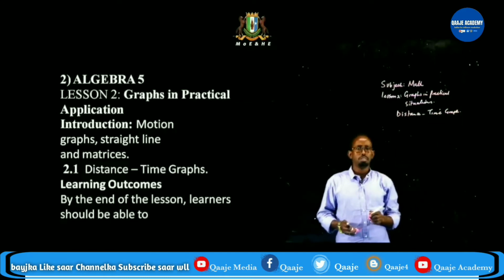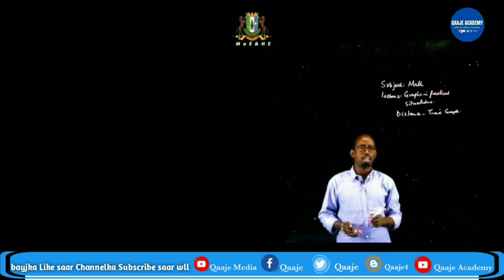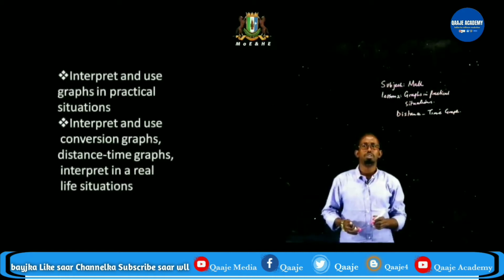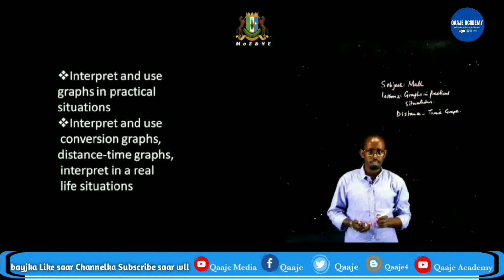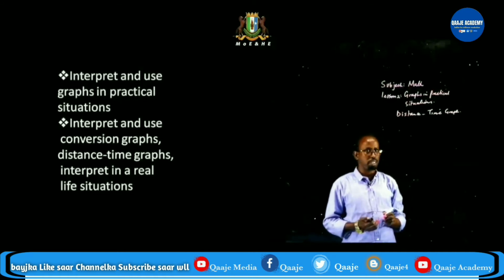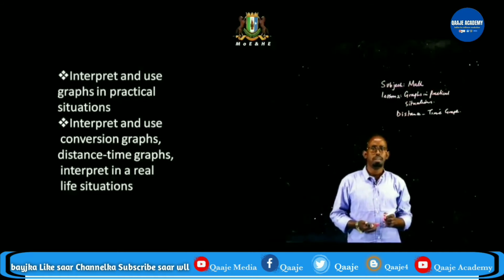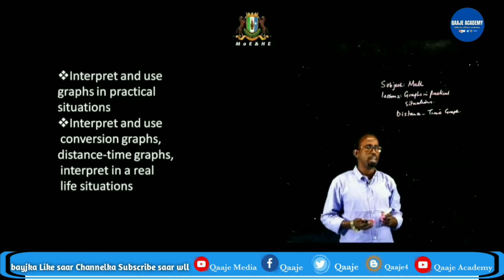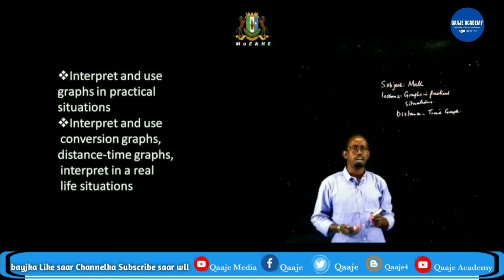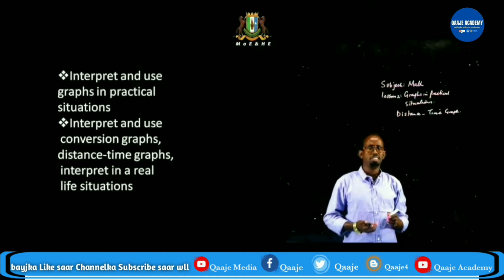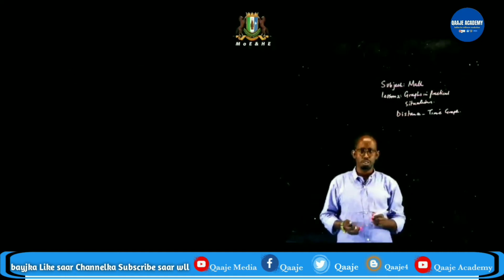Now the learning outcomes, by the end of the lesson, learners should be able to interpret and use graphs in practical situations, interpret and use conversion graphs, distance time graphs, and interpret in real life situations.